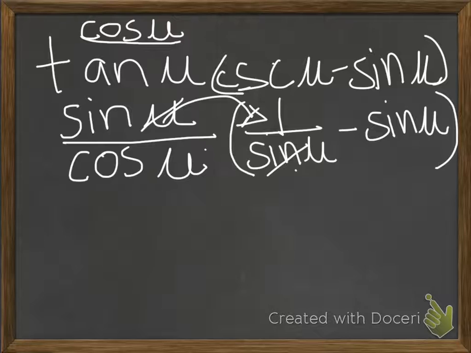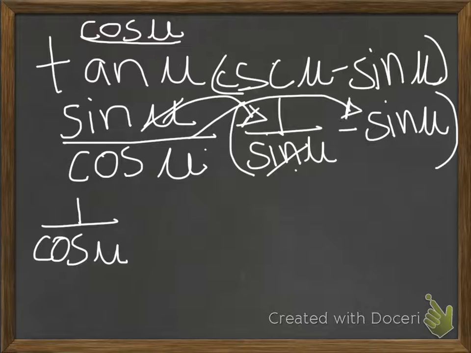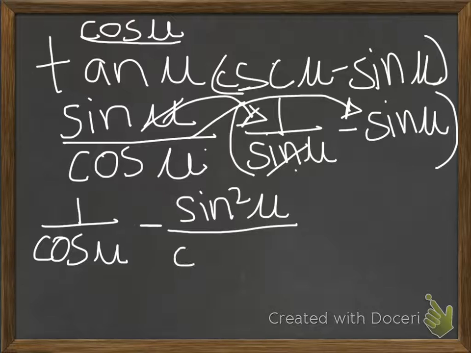And then there's going to be 1 left on top and cosine on the bottom, so that's 1 over cosine of u. Then you're going to distribute this also to the second one. The sines don't cancel on that, they actually multiply together, and you're still doing a minus sign because you're distributing. So it's going to be sine squared u, because sine times sine is sine squared, over cosine of u.